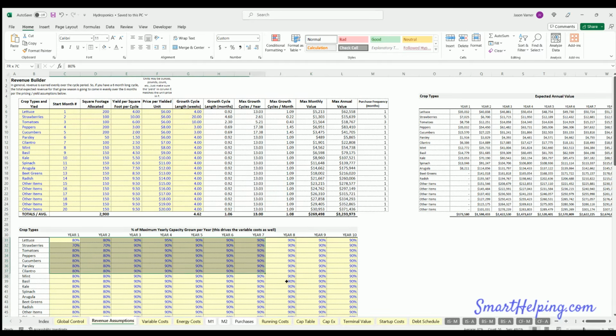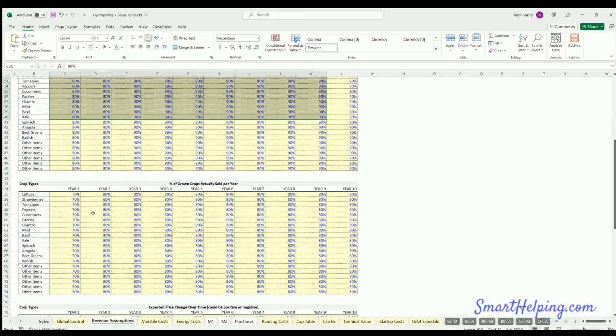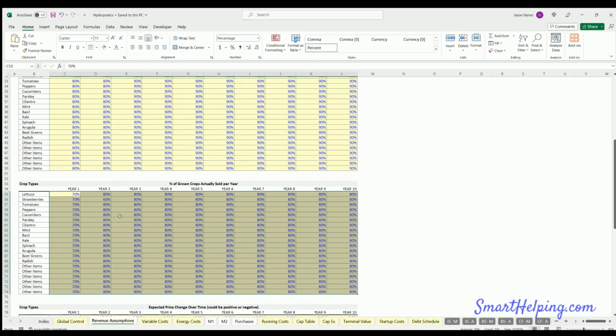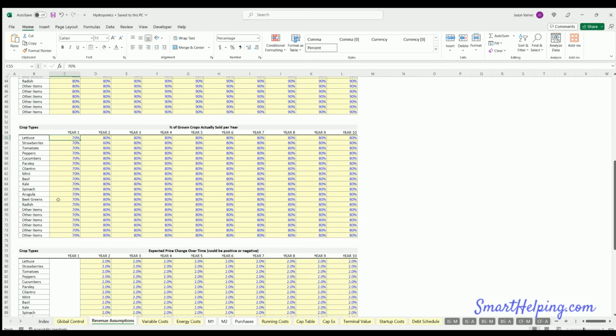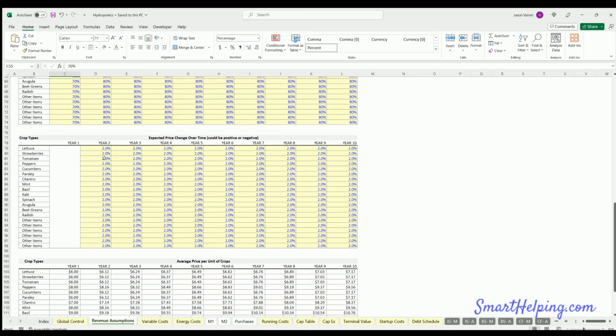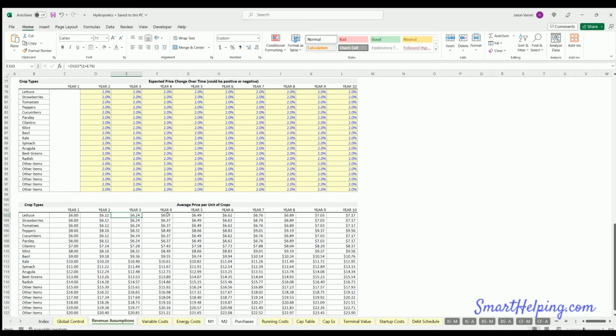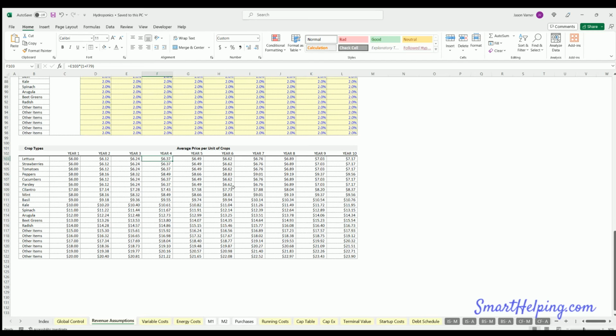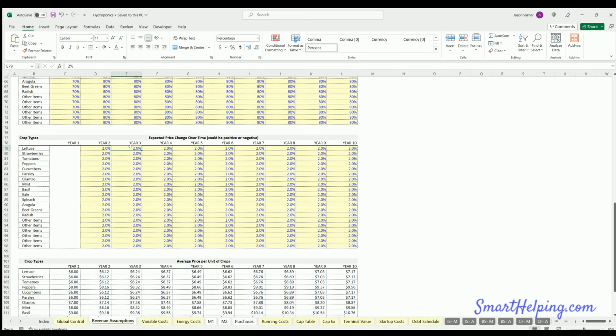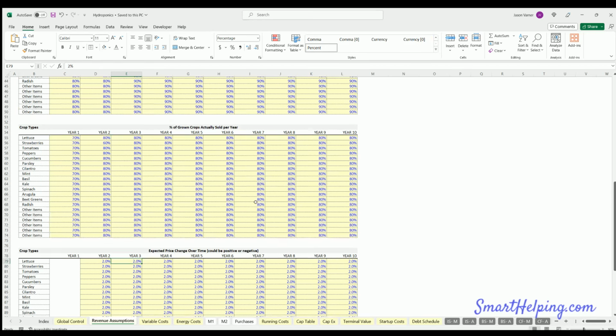This is saying what you actually do grow. And then this is saying what you actually sell of what is grown. So you're accounting for waste here. So there could be a differential. And that's adjustable for each crop type. And then price change per crop type and the actual price charged per unit for each of the types over time. And this could be negative percentages if you want to see what happens if prices go down or up, or however you want to do it.